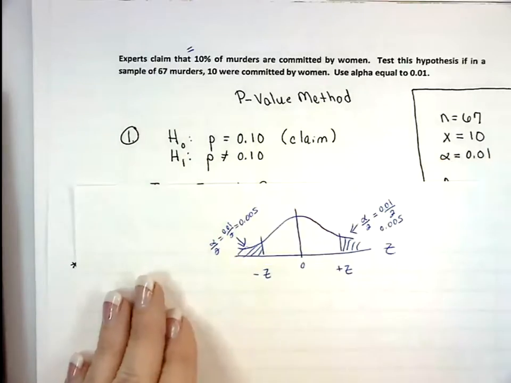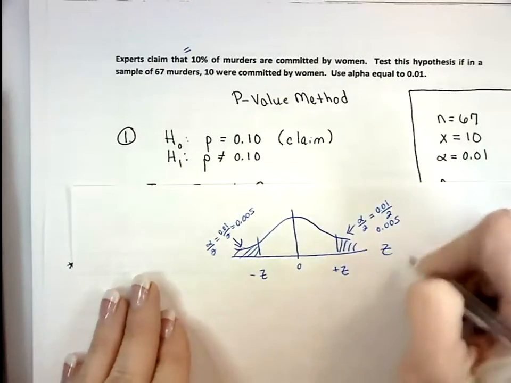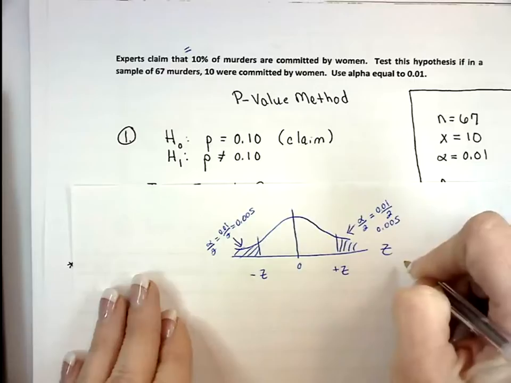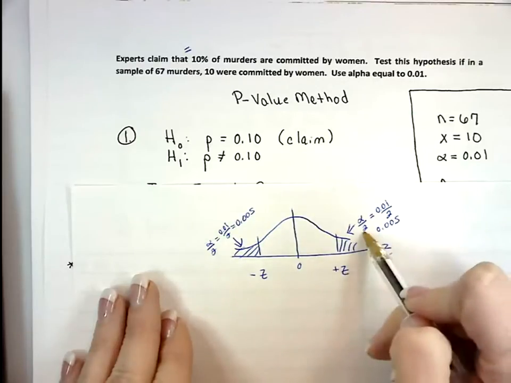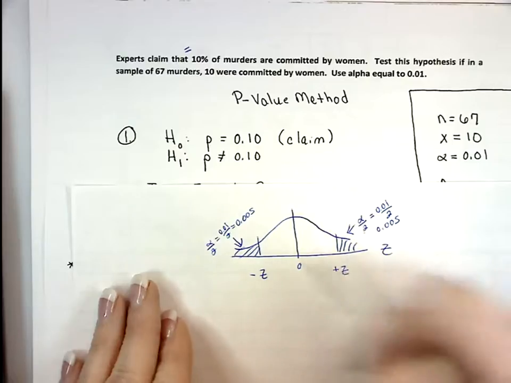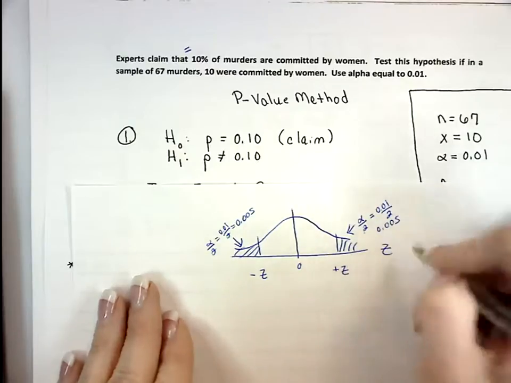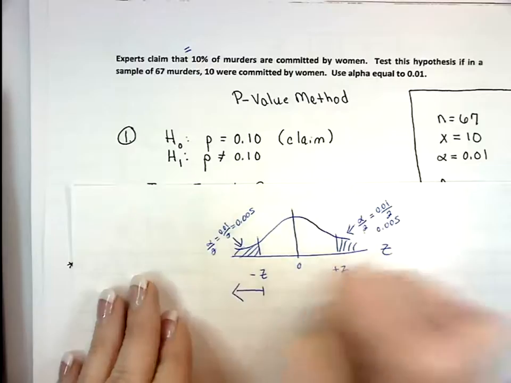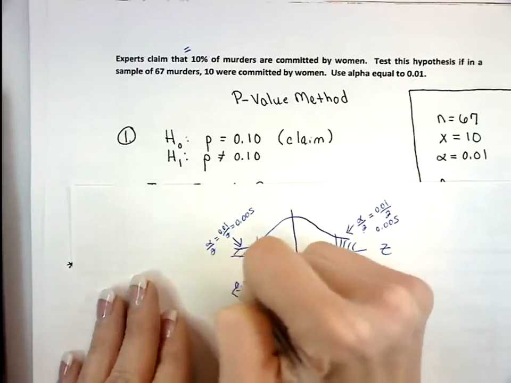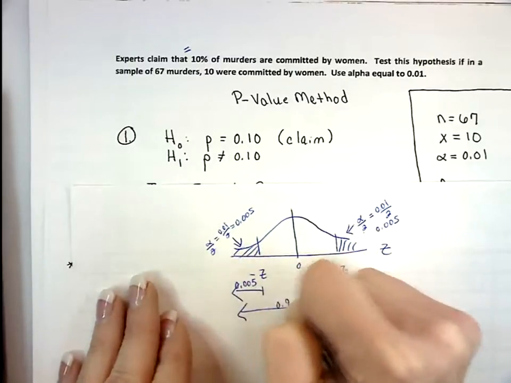And remember, going back to traditional, if you want to find these critical values and it's a z-test, you divide alpha by 2. Alpha is needed to find critical values in the traditional method. And you would do the area below each of these. This is 0.005, but this is 0.995.